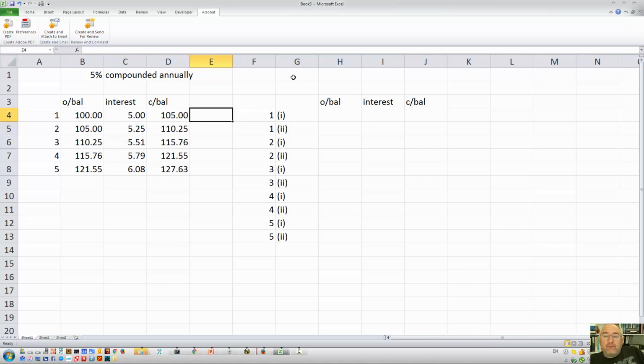Now, what if we have the same rate, 5%, but we compound it semi-annually, which is just a fancy way of saying every 6 months. Okay. Now, there's something funny here about the way finance people use the terminology.